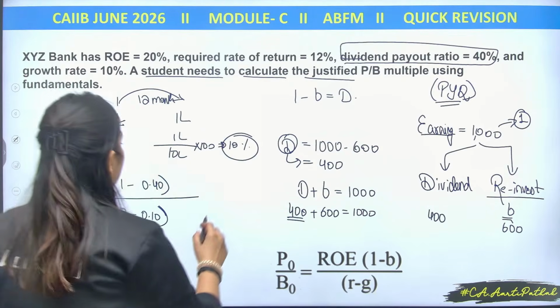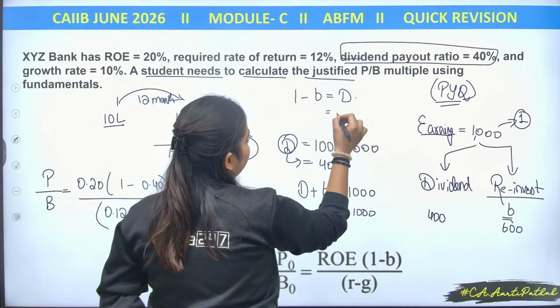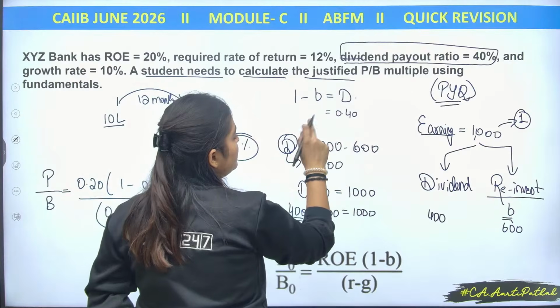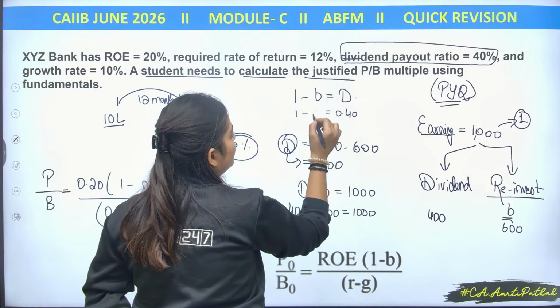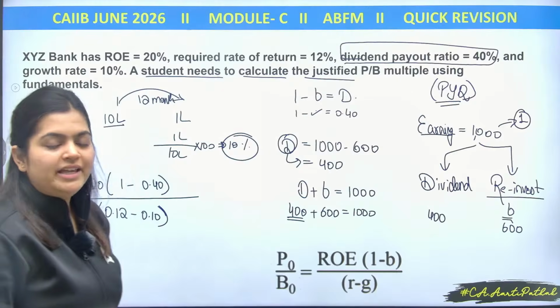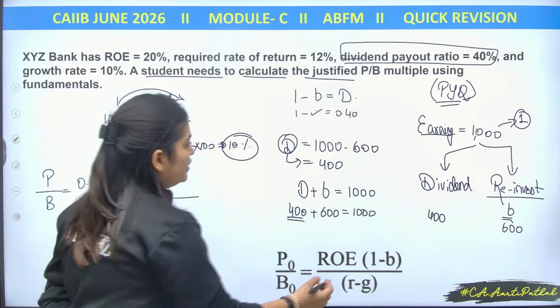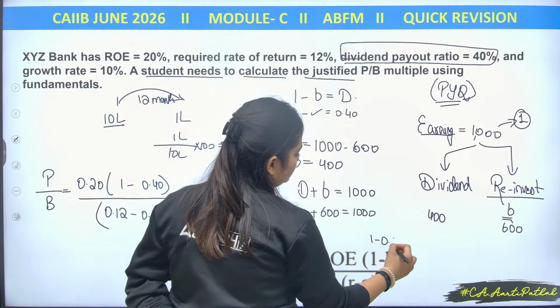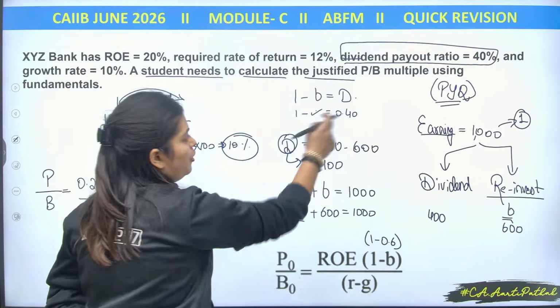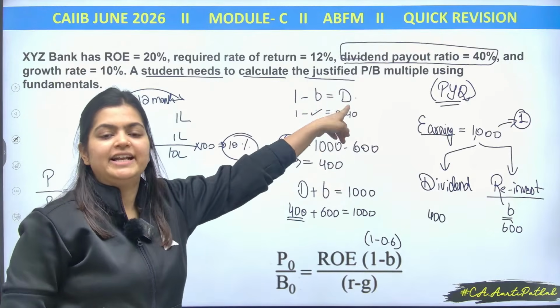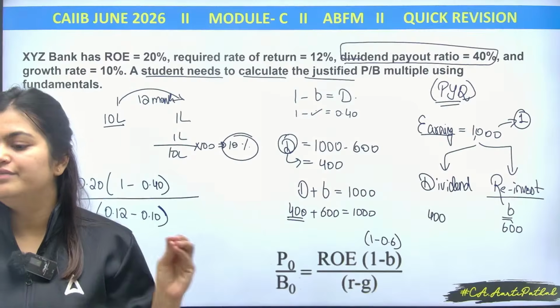No, because they have already given you the 0.40 value. If you do 1 minus 0.40, then you are calculating this B. Here in this question, they're not asking you about the B value. When you subtract 1 minus 0.6, you get 0.4, and they have given directly this 0.4 D value.